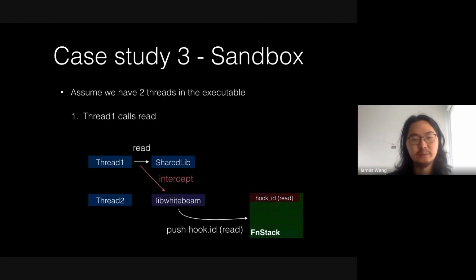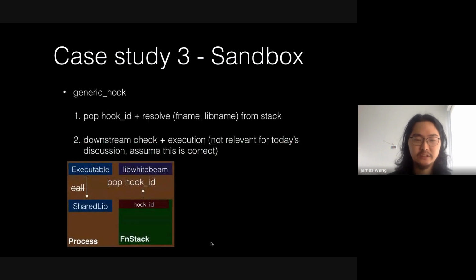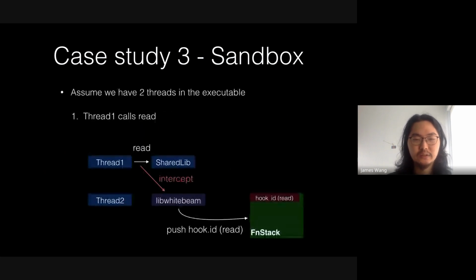So the problem here is that we're pushing the function calls to a global stack within the process itself. So you can imagine that if we have more than one thread, then if we don't do the push and pop atomically, there could be a race condition.